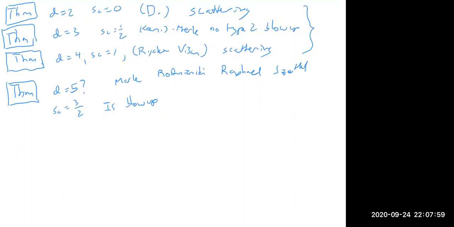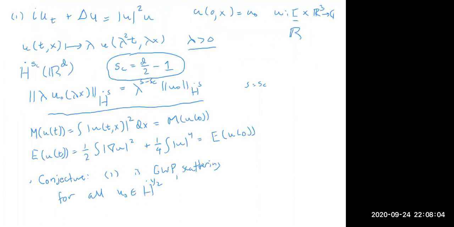I'm going to go back: we have this mass that's conserved, right? And the energy that's conserved. So that automatically in D equals 2 and D equals 4 will rule out type 1 blowup, right?